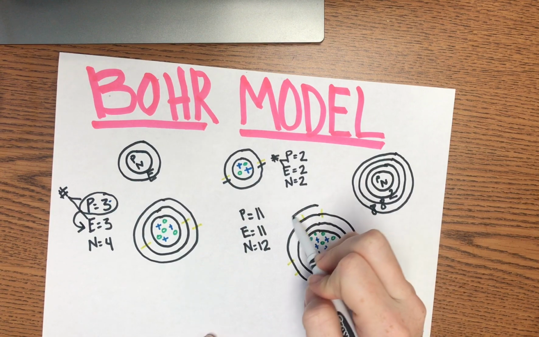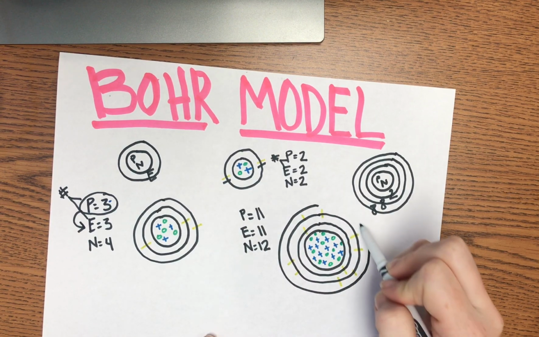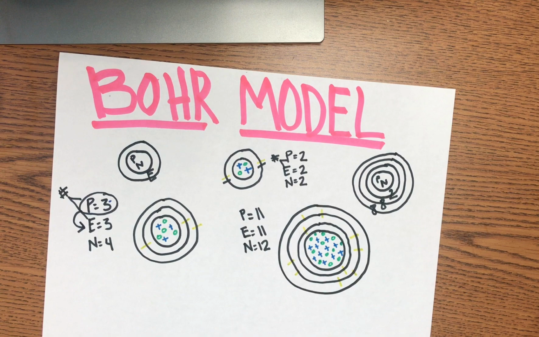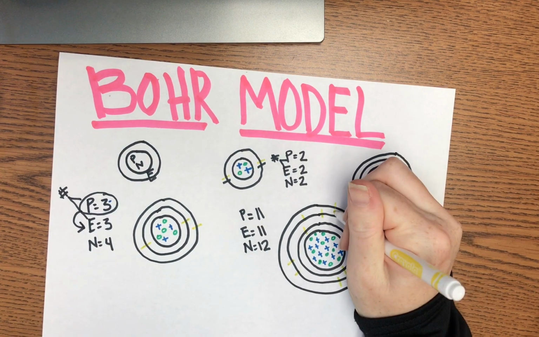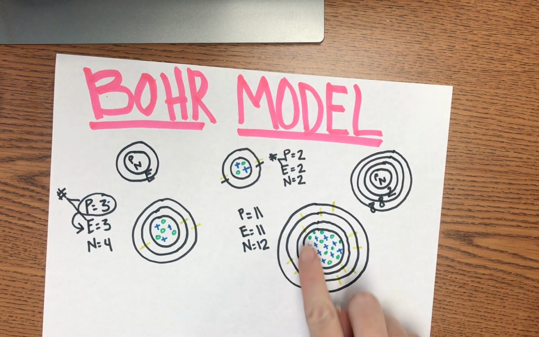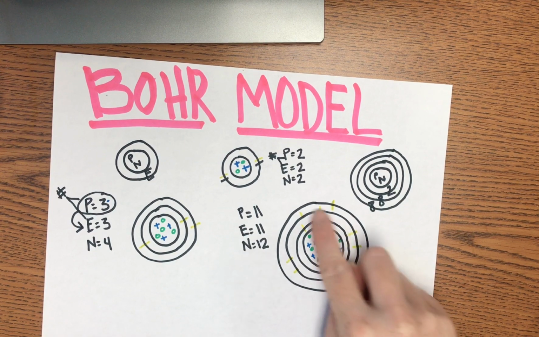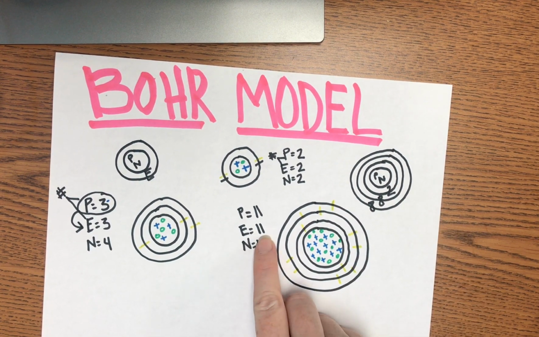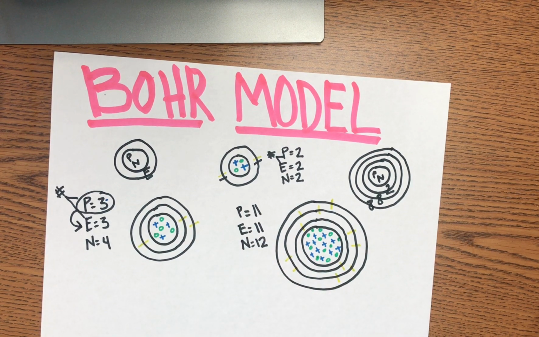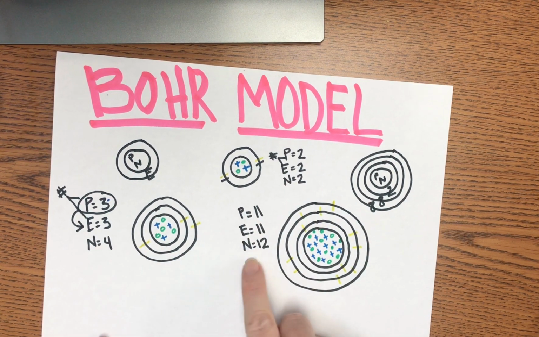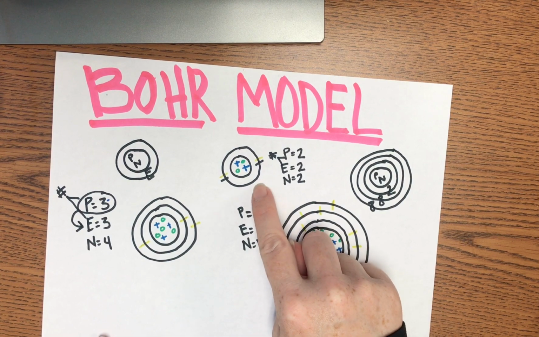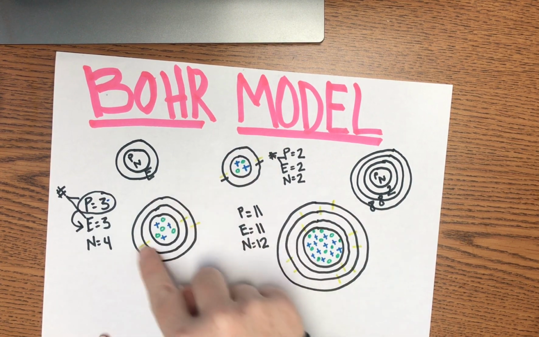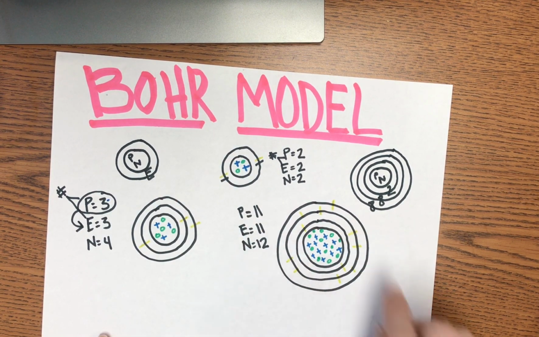So we're going to have to go ahead and draw that last ring with our last electron on it. Now we have 2 in the first, 8 in the second, and 1 in the third, which equals 11 electrons. You can see the more subatomic particles you get, the larger your Bohr model is going to become, from 1 ring to 2 all the way to 3.